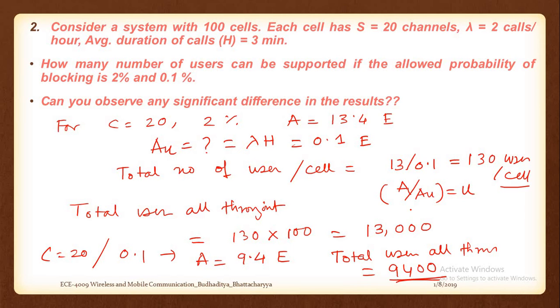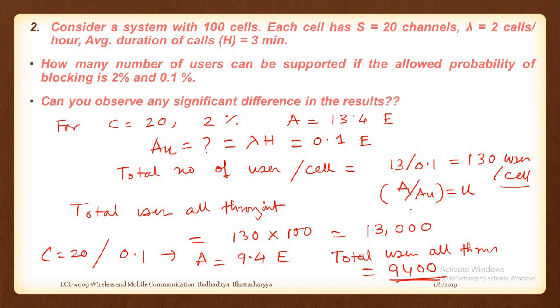But if you increase the blocking probability, saying I am happy with 2% of calls getting blocked, then you can accommodate more users. This is what we call the grade of service. Which one to choose? If my primary objective is a lower blocking probability, then I have to compromise on the number of users. I cannot go beyond 9400 with the given specification.